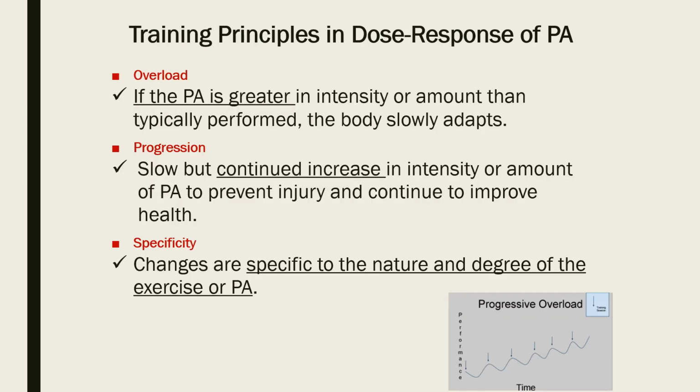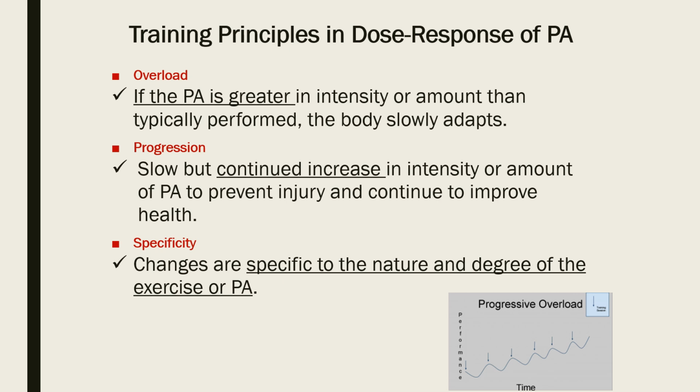To better understand dose response issues, it's helpful to familiarize yourself with several key exercise training principles: overload, progression, and specificity. Overload occurs when a tissue, organ, or system is stressed by an increase in physical activity, which typically leads to an improvement in its capacity or efficiency.